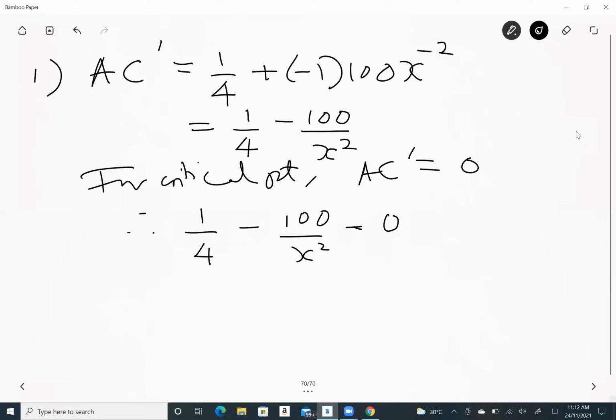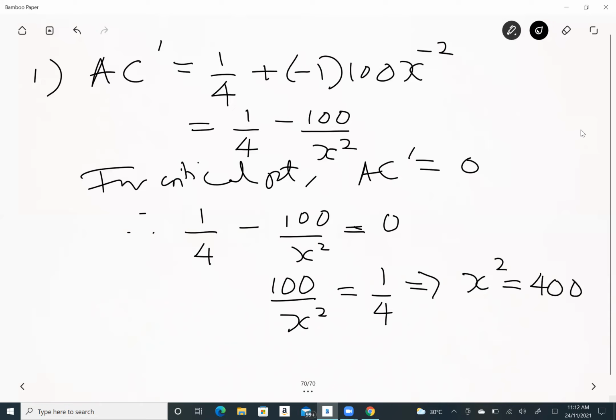All right, so what do we do here? You bring one of the constants to the other side. I got 100 over X squared equal to 1 over 4. Now you bring the X squared to the right, 4 to the left. We get X squared equal to 400.